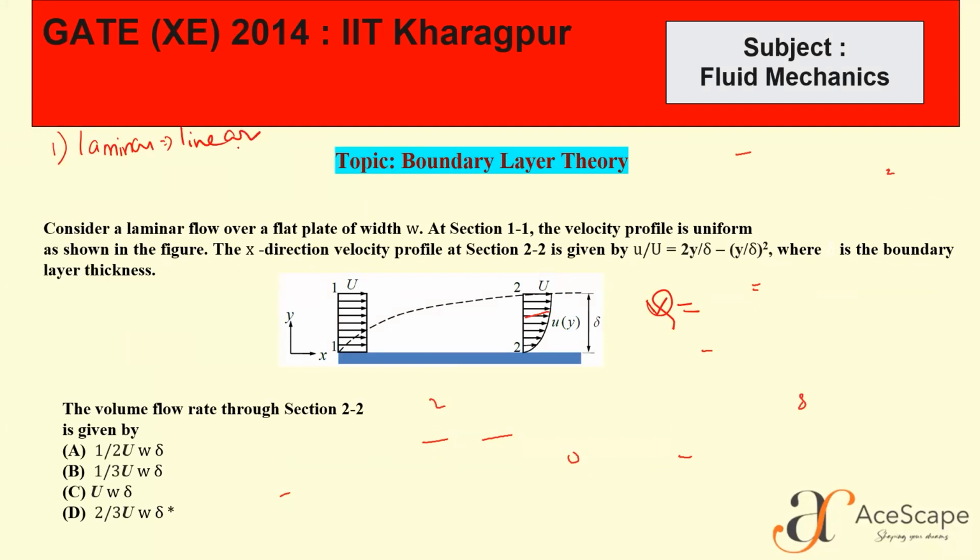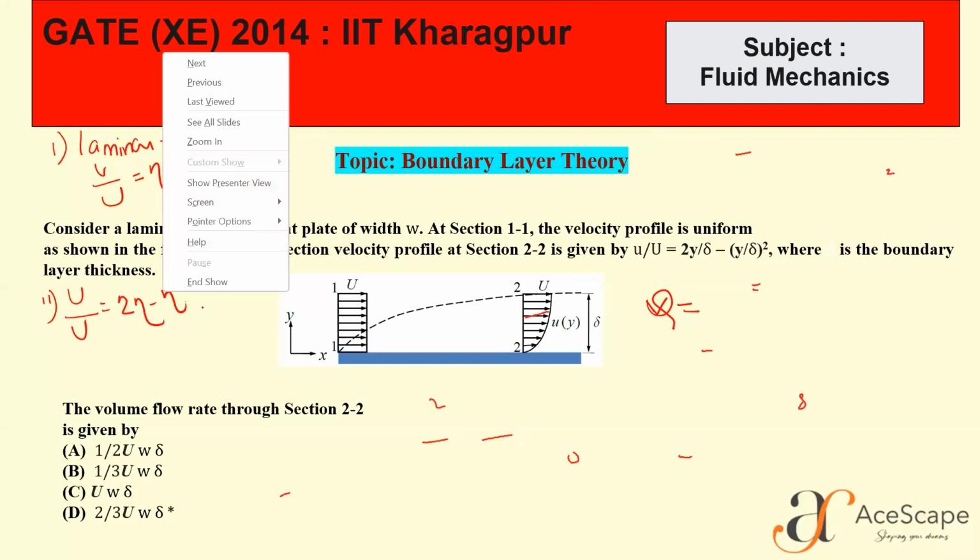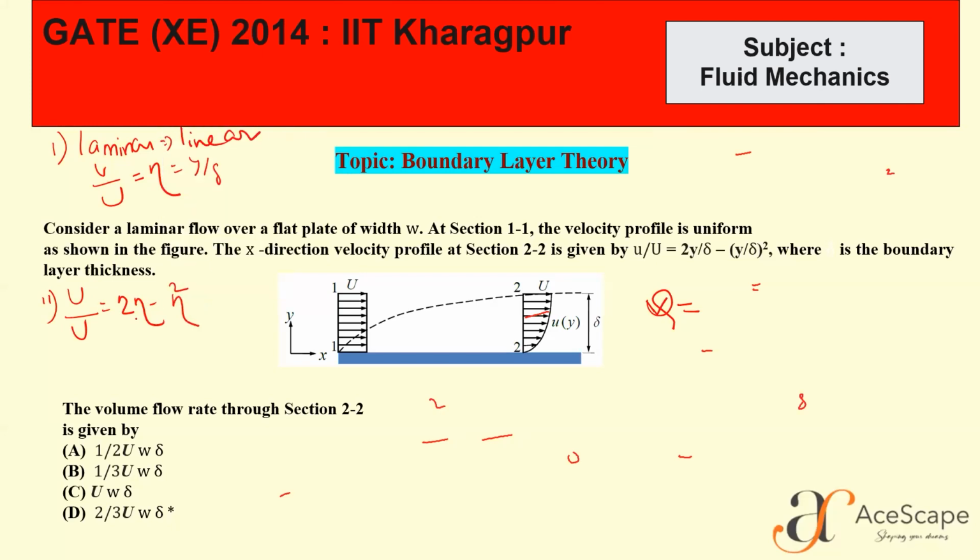For the linear velocity profile, u upon U is given by simply eta, where eta is y by del. So this is one, the linear velocity profile, and the second one is the parabolic one. This is given here as 2 eta minus eta square.